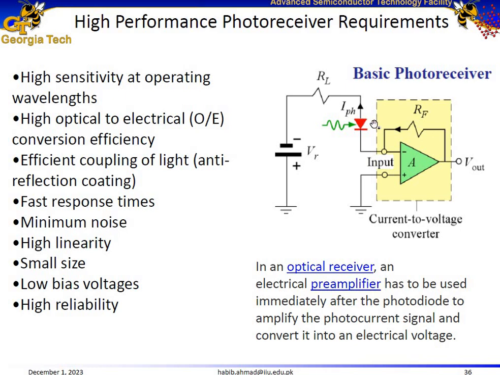It can come from the photocurrent, which also has a statistical nature. And thirdly, the noise can come from the load resistor, which is called thermal noise. The dark current related noise and the photocurrent related noise is called quantum noise or shot noise. And the noise related to the load resistor is called thermal noise.